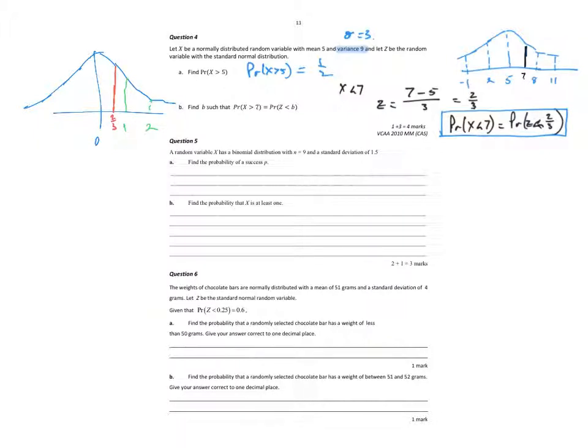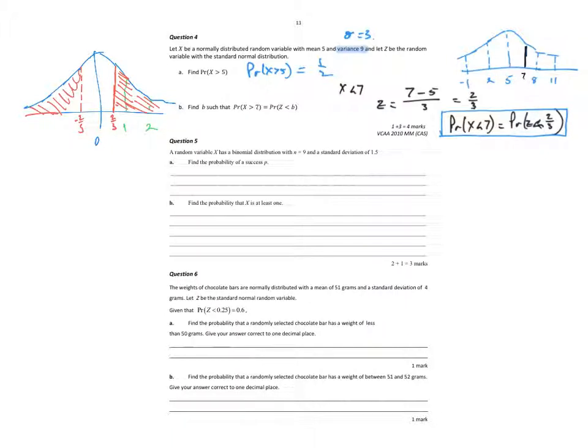And I want the probability that X is greater than that, which is that area there, which means the corresponding area less than that is going to be that section there.